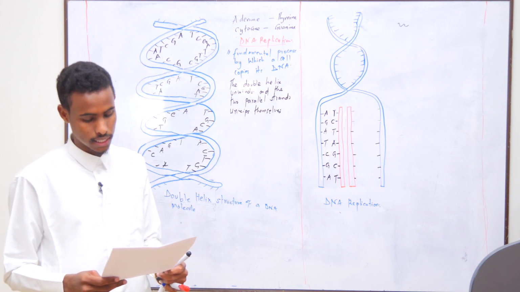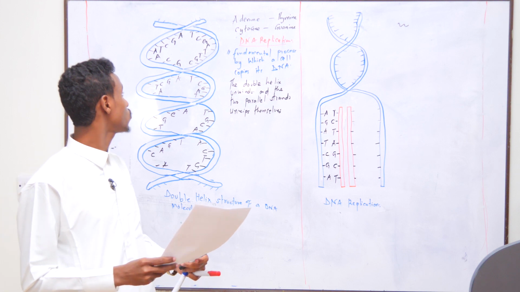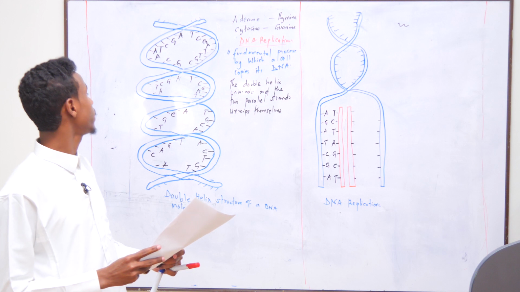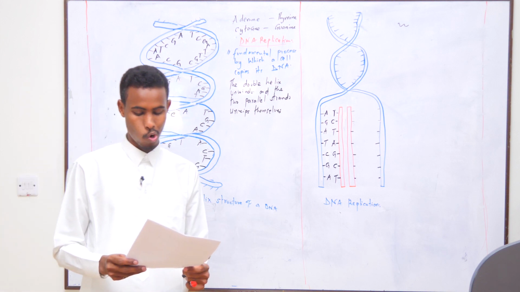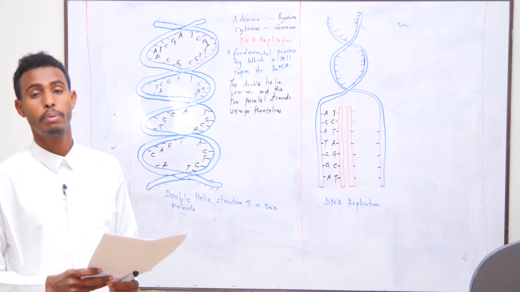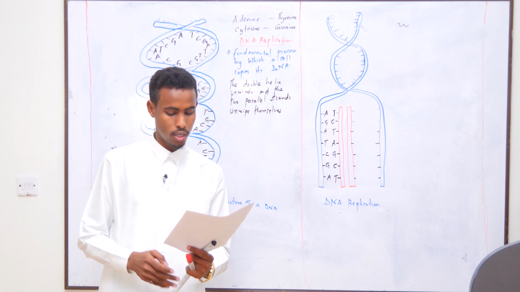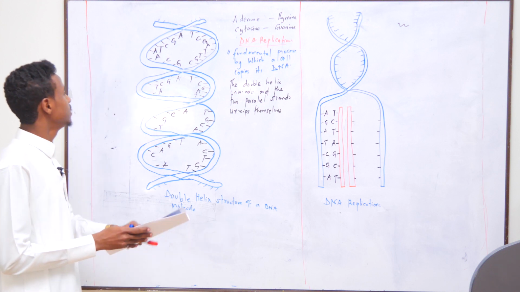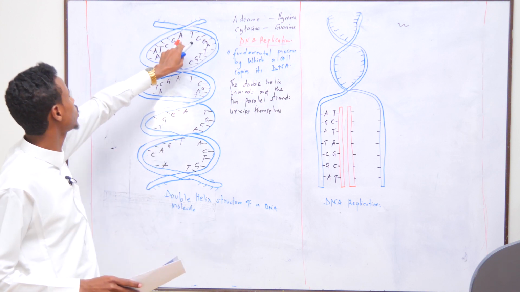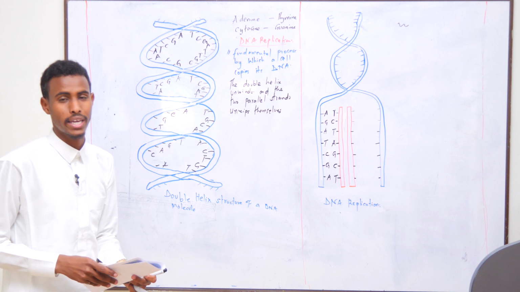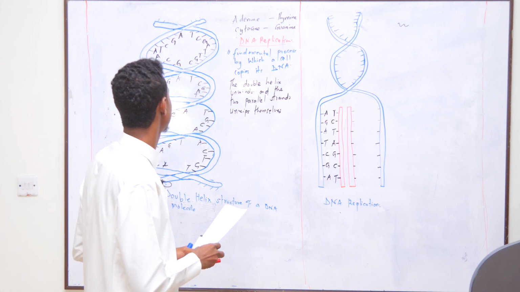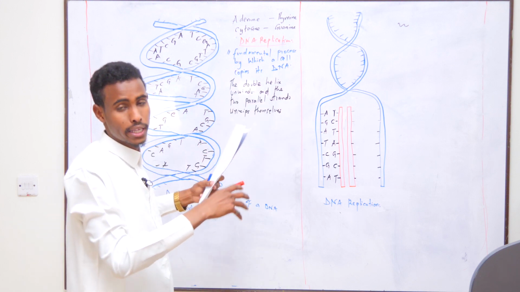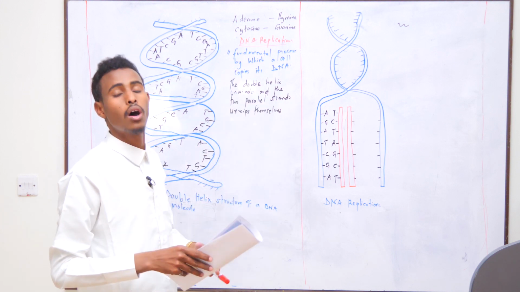As such, unzipping is a result of the breaking of the weak hydrogen bonds that were holding the base pairs together. And this now sets the strands free from one another. Because if the bond that was holding this to this is weakened and has broken, the possibility of the two strands separating and opening up from one another is very high.